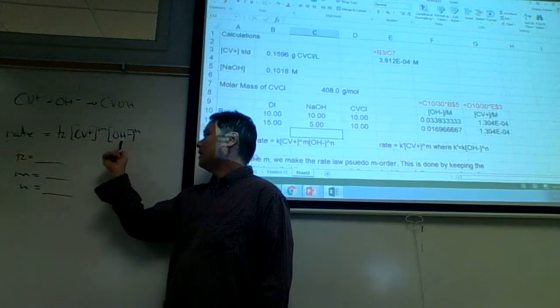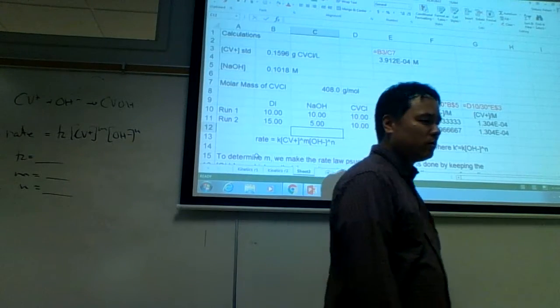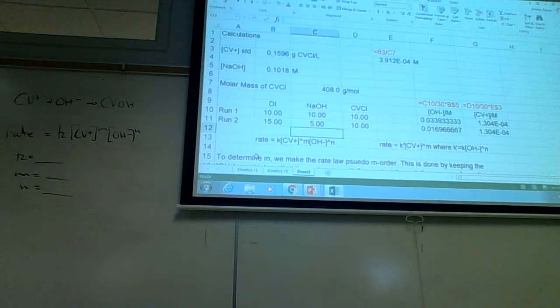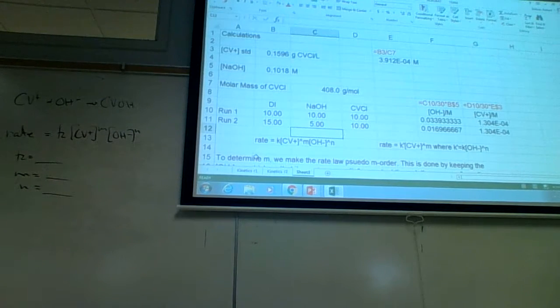What's a reason we might keep one or more concentrations very high? The reason is for pseudo first order. If the hydroxide ion concentration is very high, then maybe it doesn't change much over the course of the reaction.